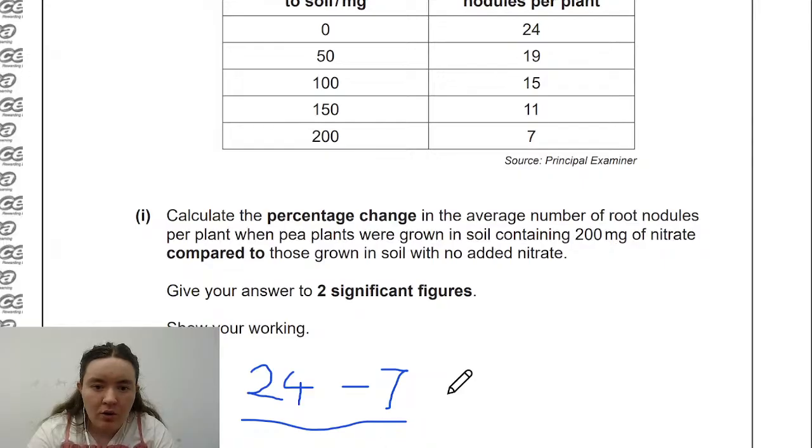And that has to all be times 100. So I'm going to get a calculator up because I don't actually know that off the top of my head. You won't be able to see the calculator, but just trust me, I am typing it in. So 24 minus 7 gives me 17, divided by 24 is 0.708, and then times by 100 gives me 70.8.